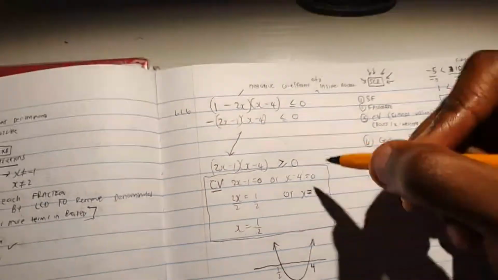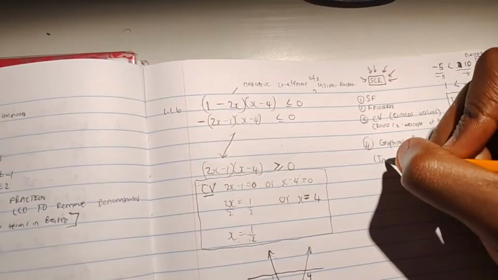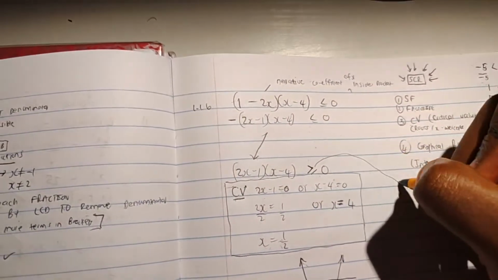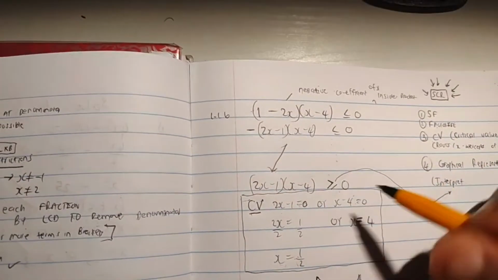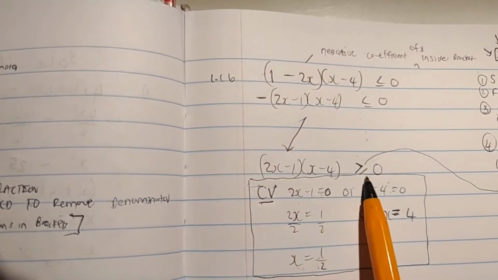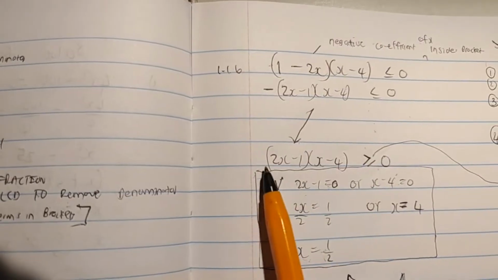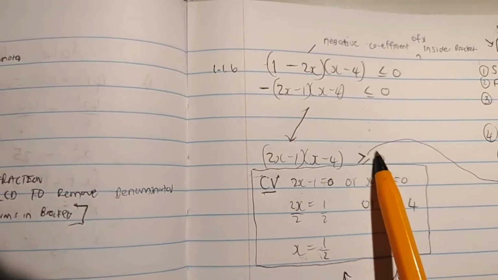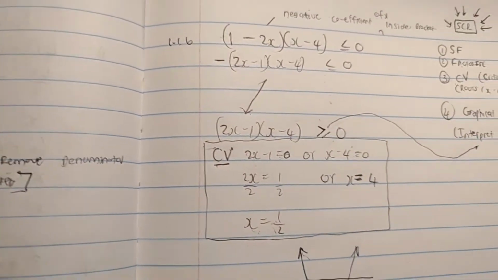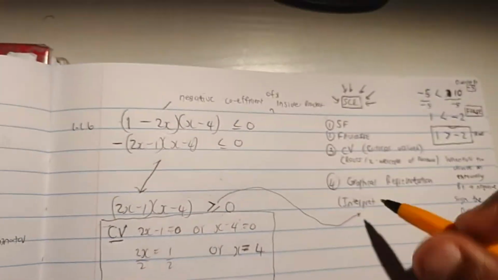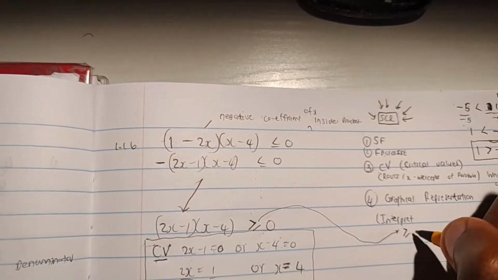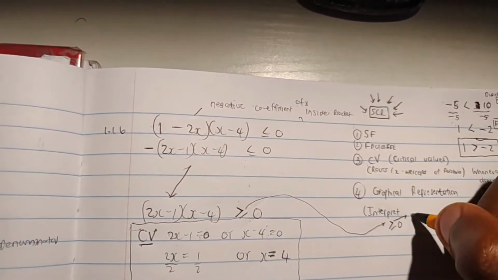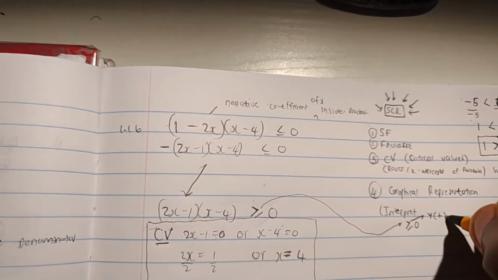Then after doing so, let us interpret our factor brackets that have a positive coefficient, no longer negative. We are going to interpret what greater than or equal to 0 means. Okay, so greater than or equal to 0 means two things. Greater than means where y is positive.